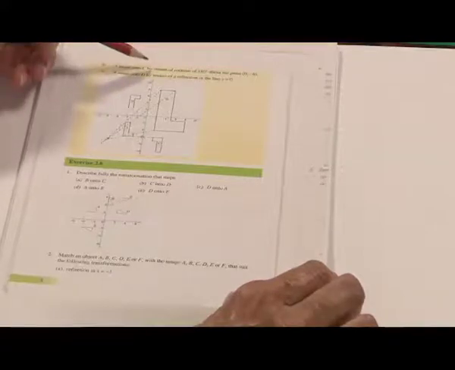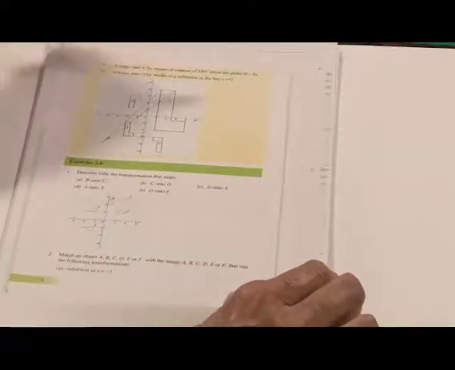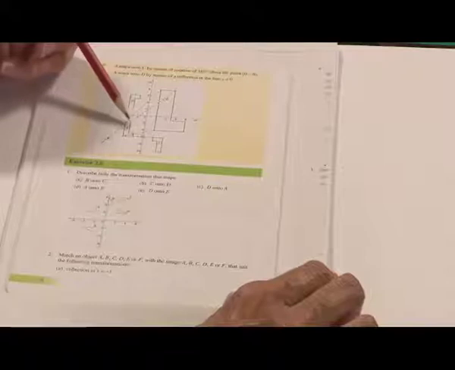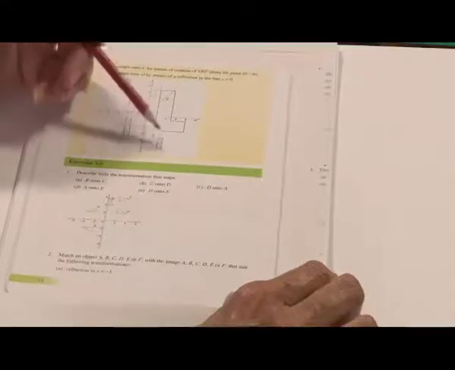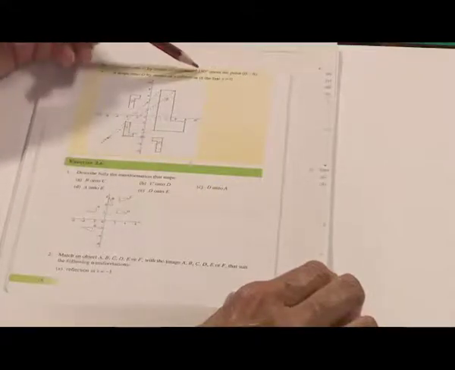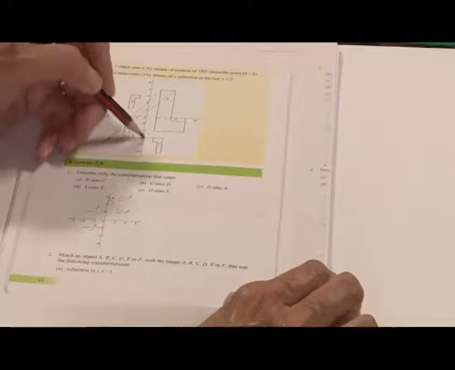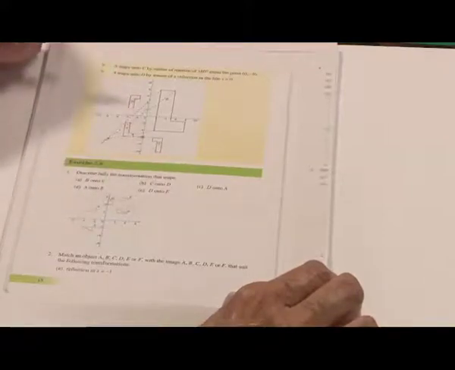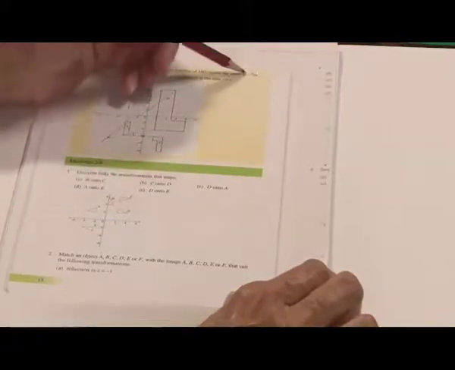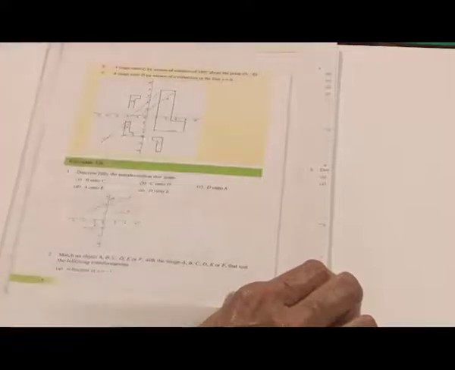If A is mapped onto C, that means it is rotated. If you look at A and C, you will see it is turned, and it's turned 180 degrees. And the point where they turn, if you can draw your line, you will see it's at 0 for the x value, and for the y value it is -6.